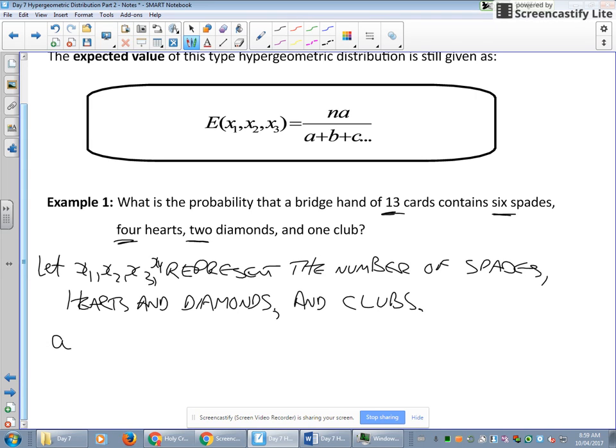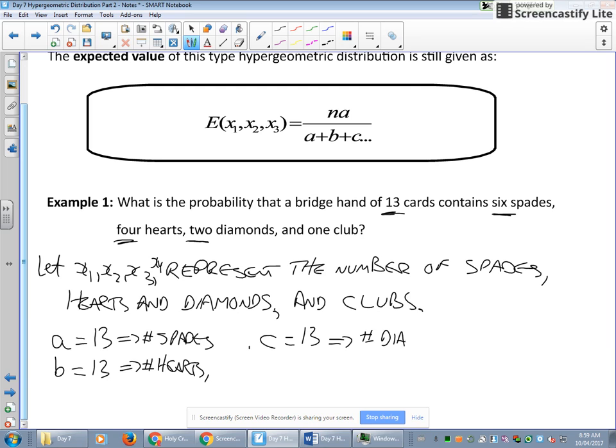So a is 13, the number of spades. b is again 13, the number of hearts. c is 13, our number of diamonds. These are the total number that we can be choosing from. And then d is 13, our number of clubs.